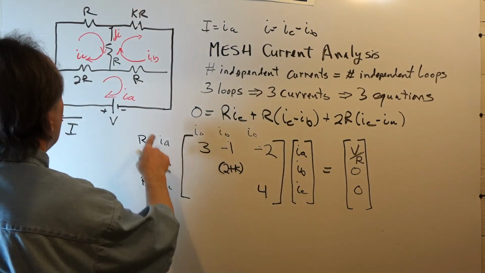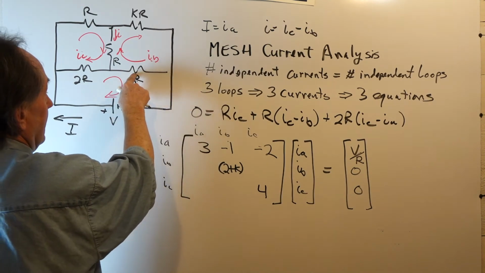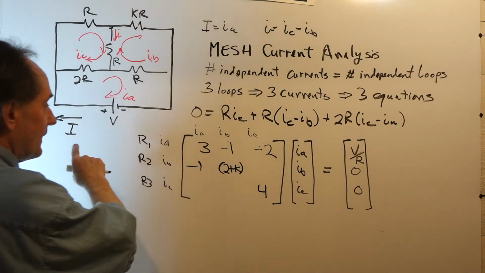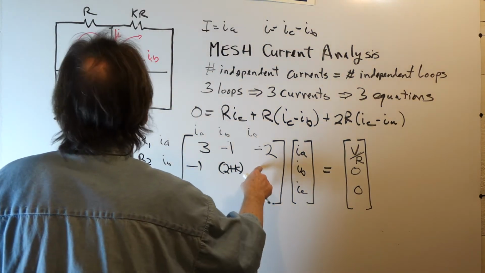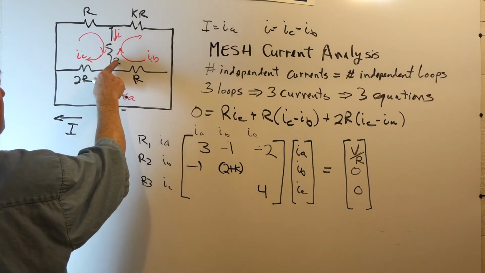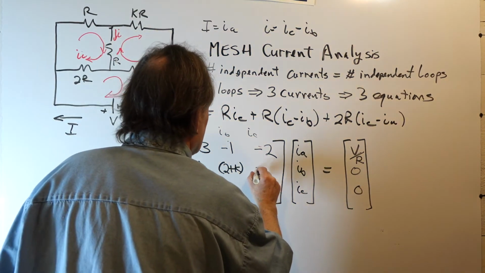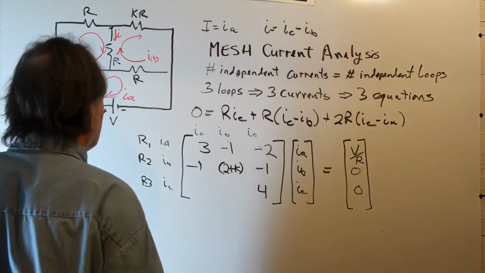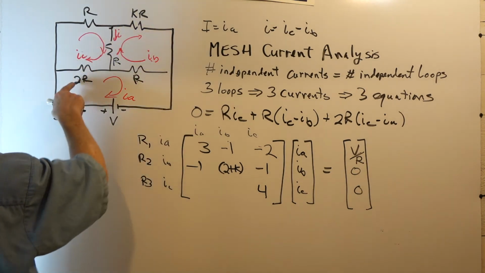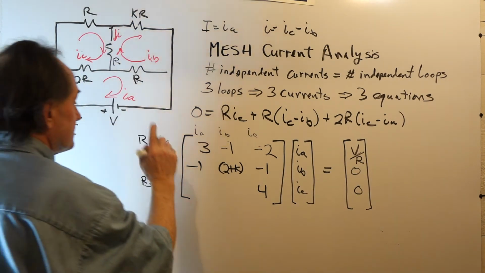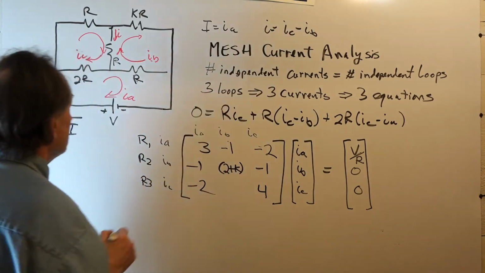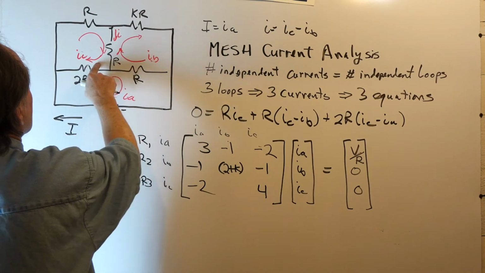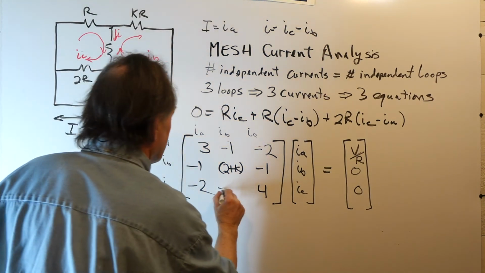Now, how about the IB loop common with A? Again, it's 1R, so it's -1. And IB common to C is R, so it's just -1. IC common to IA is 2R, so its coefficient is 2, but the off diagonals are minus, so -2. And the IC loop common to IB is just 1R, so it's -1.